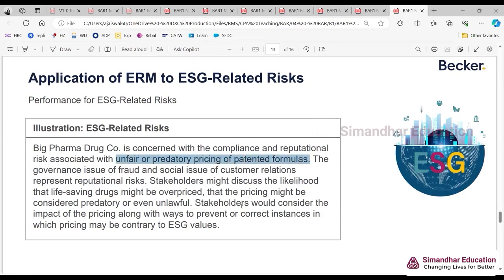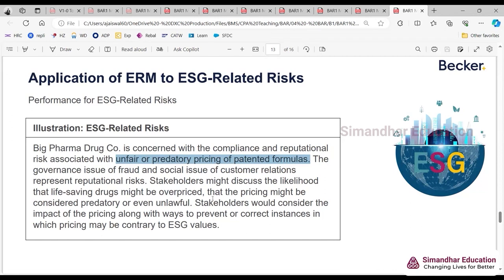I will give you an example. There was a cancer medicine manufactured by a particular company, a few years back. I don't remember the name of the medicine. If any of you remember, you can type it in.